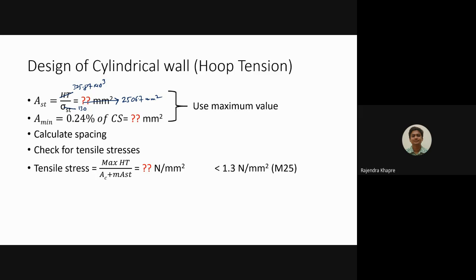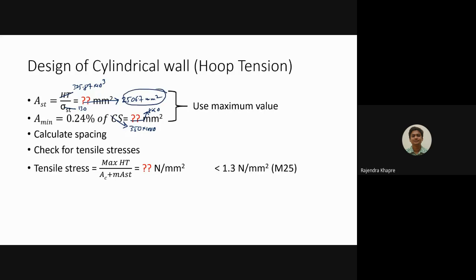Okay, now we have to go for AST minimum, that is 0.24% of cross section area. This time the cross section area is 350 into 1000. How much is this? I'm sure this will be less than AST required. 840. Okay, so we can go with this.